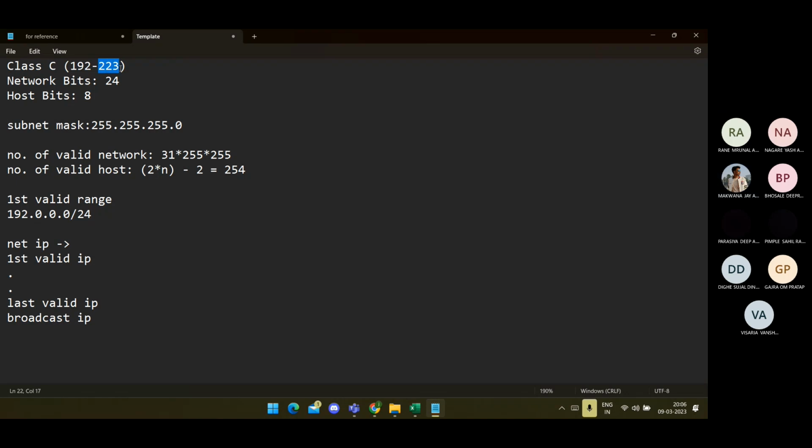So don't miss this. You have to only consider this range. So the first network IP will be 192.0.0.0, same as this. Now tell me what will be the first valid IP?